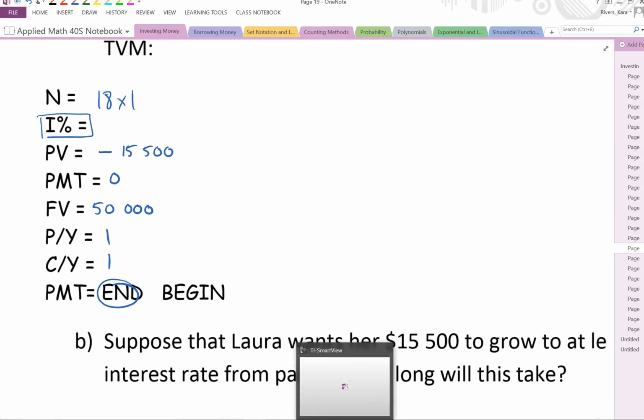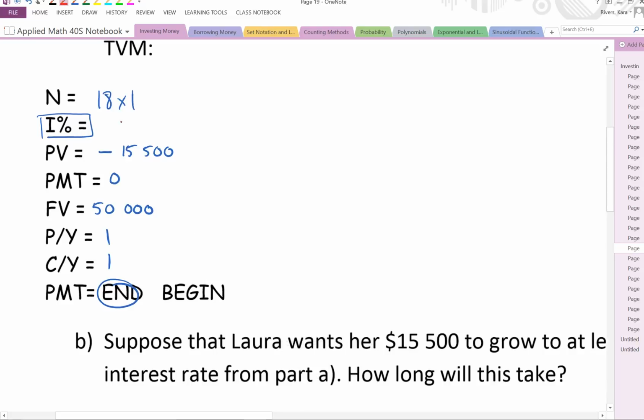So punching this into our calculators, I'm going to let you go ahead and do that. Once you do that, you get an answer of 6.7229. Remember, we're always rounding to 2 decimal places, so that would be 6.72%. Okay.